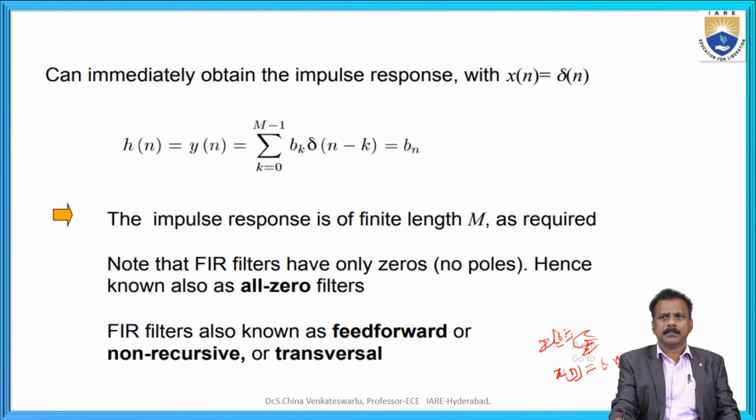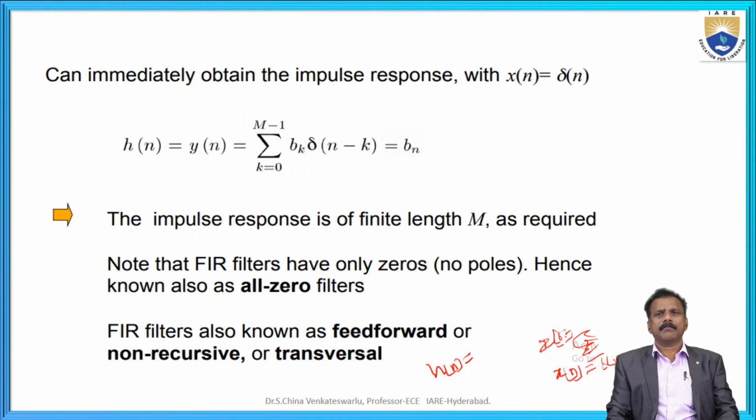Let us verify that h of n, which is y of n, is equal to the summation k equal to 0 to M minus 1 of b_k delta of n minus k, equal to b_n. This is how we can immediately obtain the impulse response. Mathematically we have to verify here. The impulse response is of finite length M as required.